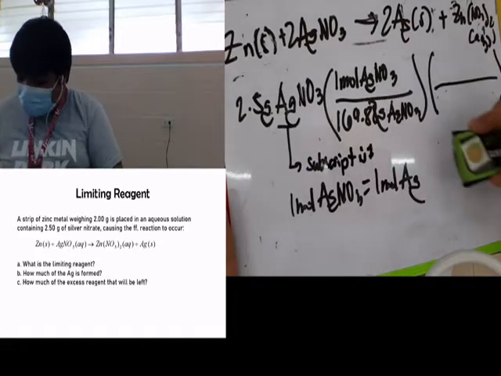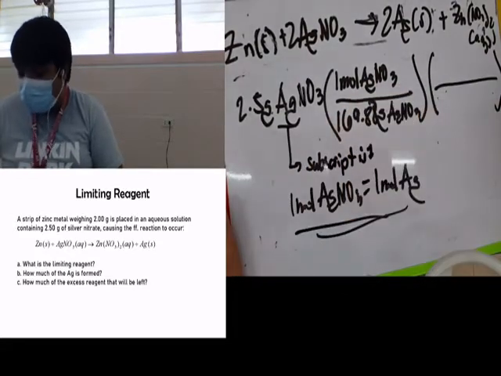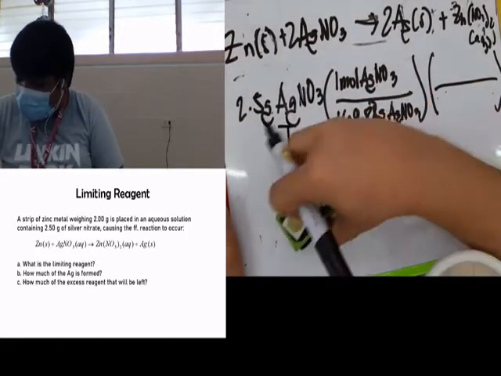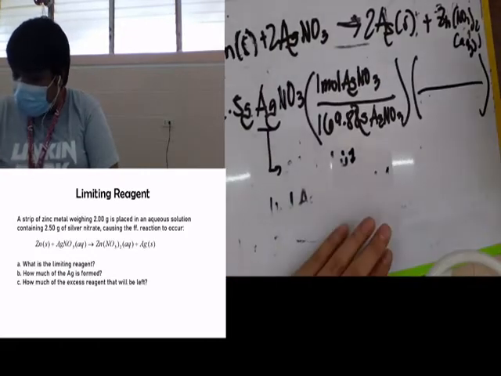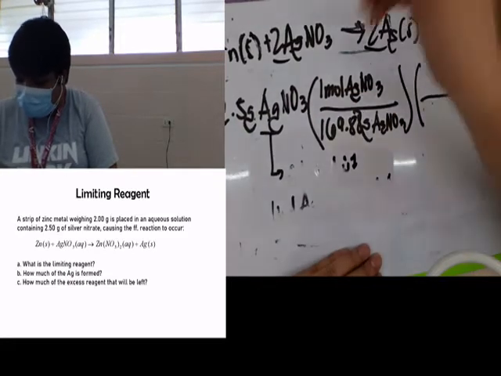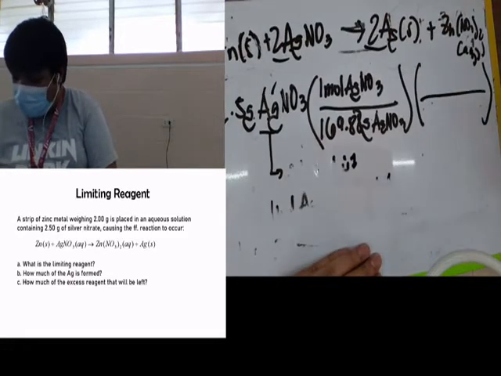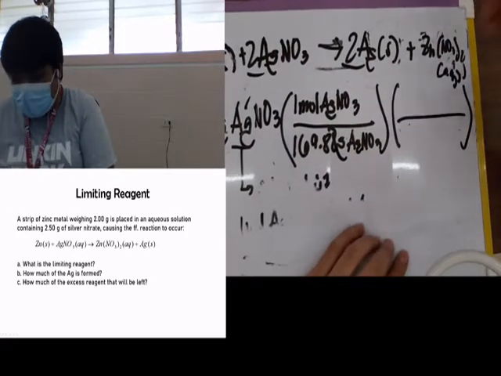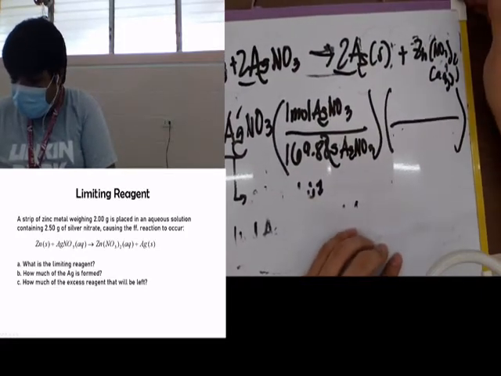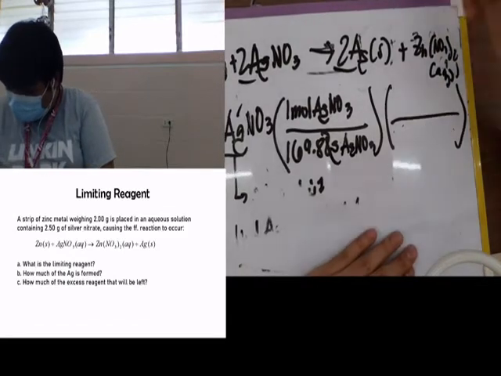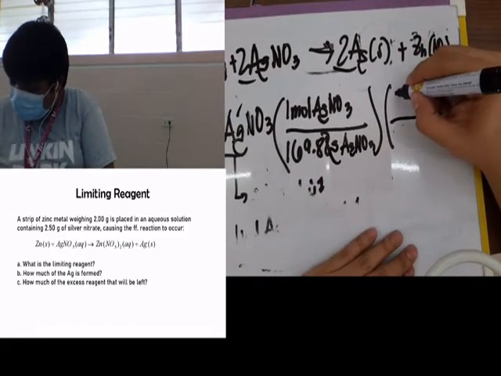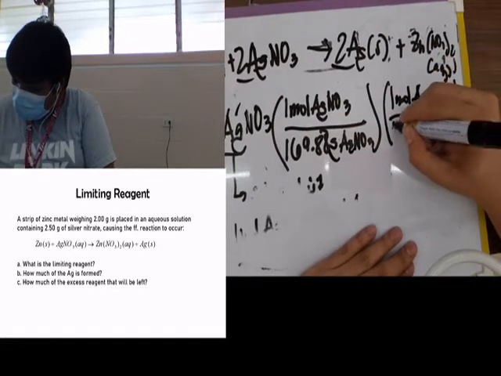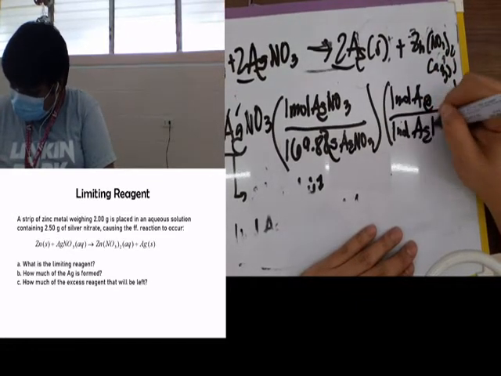Okay, so let's try using this conversion factor. Nonetheless, it will still give you the same answer, even if you use their coefficients or the subscript of silver in the chemical formula of silver nitrate. Either way, they are both correct. So 1 mole of silver is equal to 1 mole of silver nitrate.